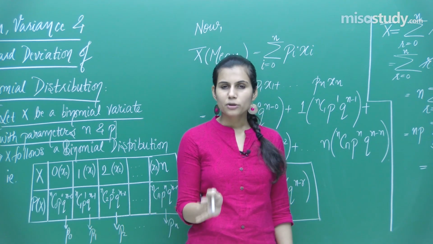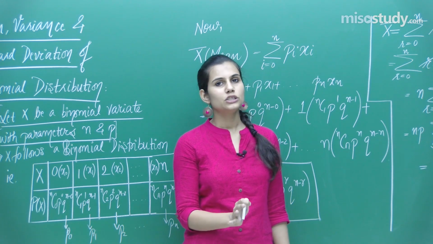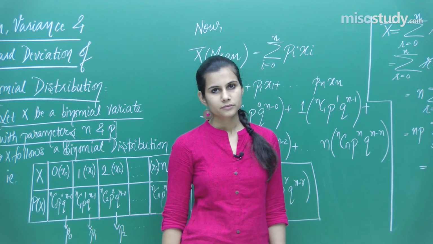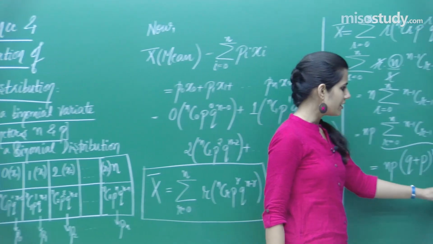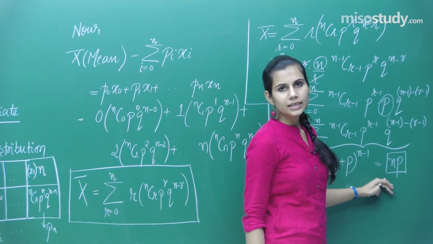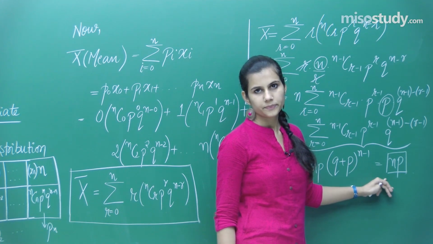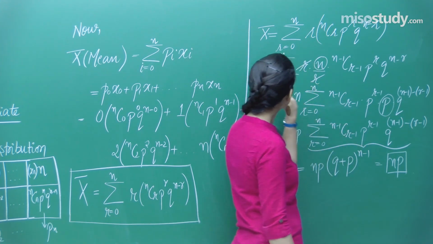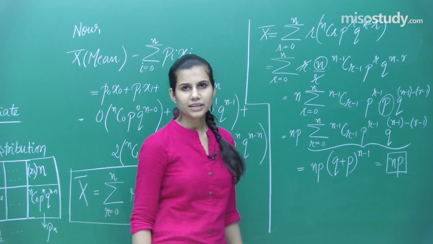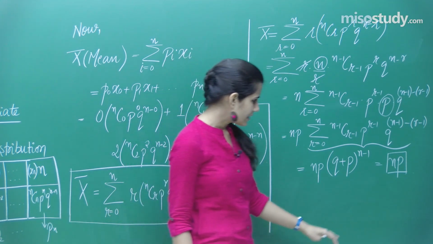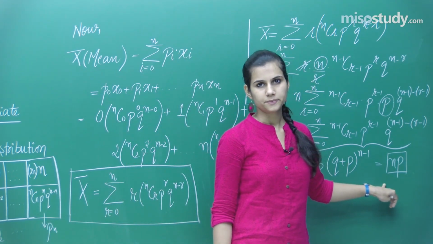Just multiply the number of Bernoulli trials with the probability of success in each trial, and you have the mean with you. Very easy formula, n into p, but this is only valid for binomial distribution. Clear? So the mean of a binomial variate with parameters n and p is given by n into p.